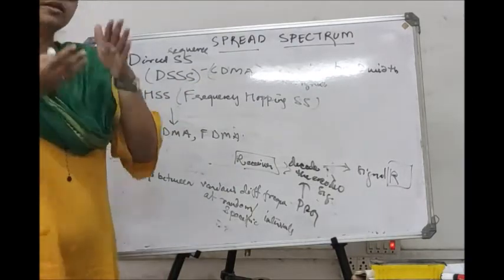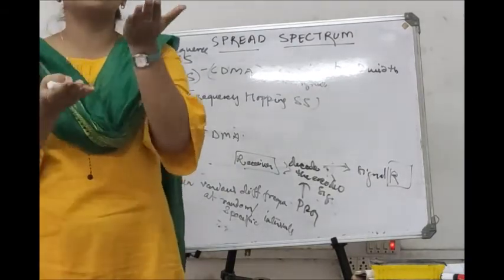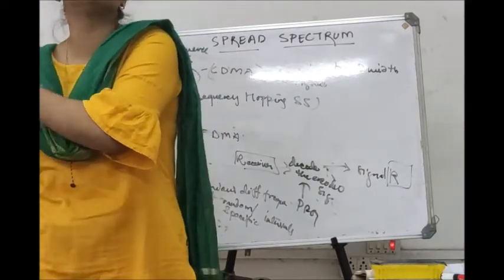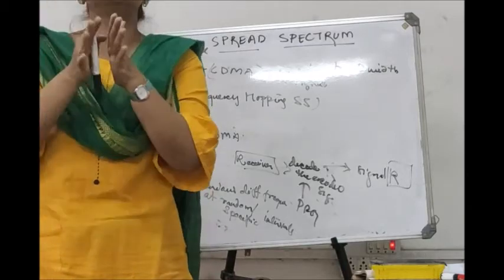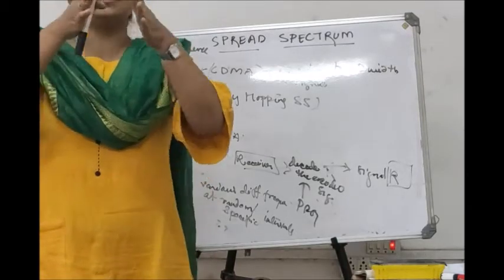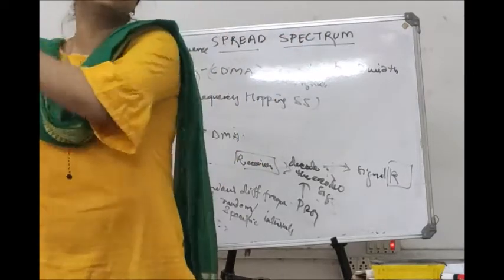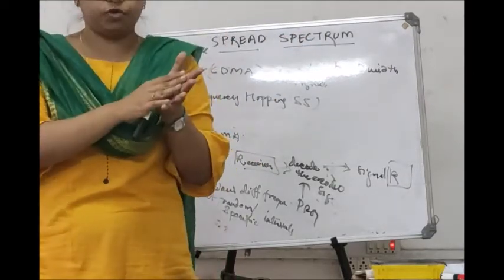Both these are used in frequency hopping spread spectrum. The sender and receiver always change the signal frequency at multiple intervals of time. So basically the bandwidth is enhanced and they work at multiple frequencies at various times.